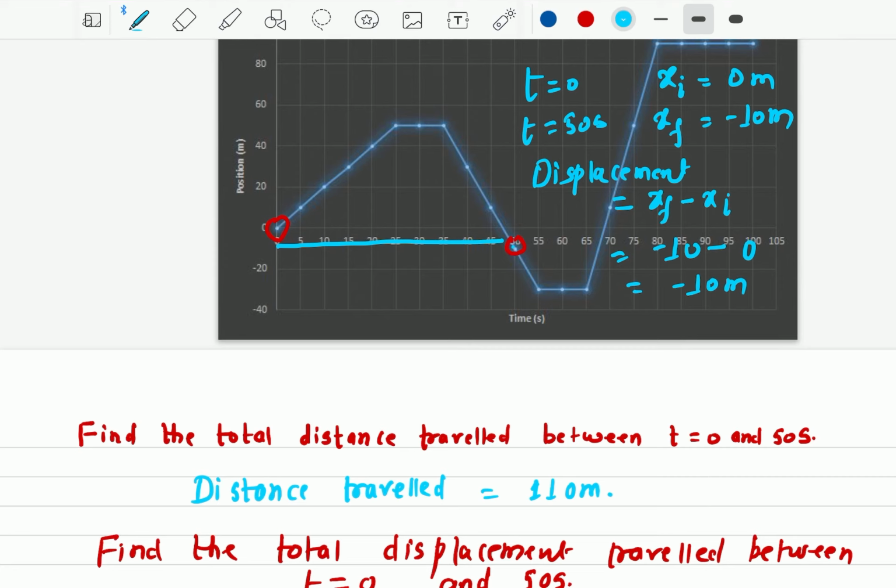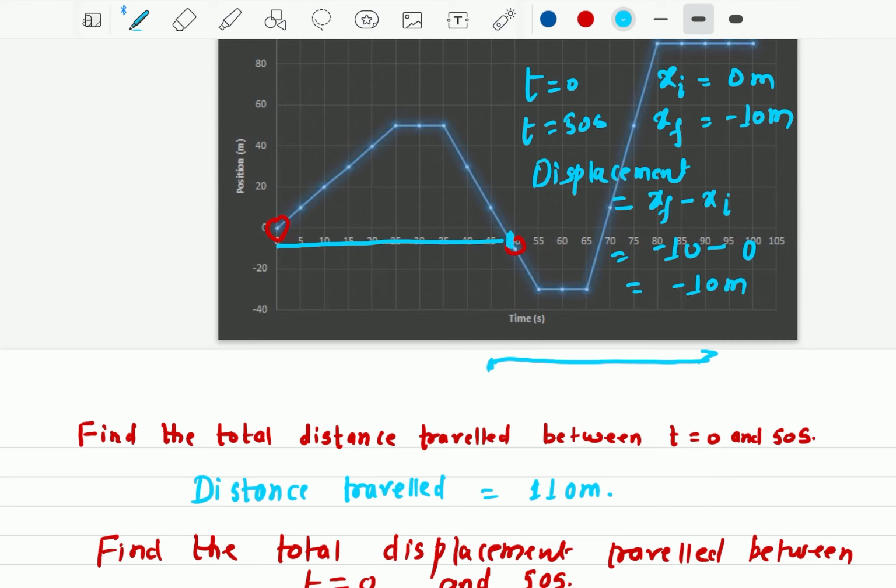And what does the negative sign tell you? The negative number simply means you are on the opposite side, in the opposite direction. So if I call this the positive x-axis, then you are on the negative side. Let me explain this way. Let's say this is your starting point, and this is your forward direction.